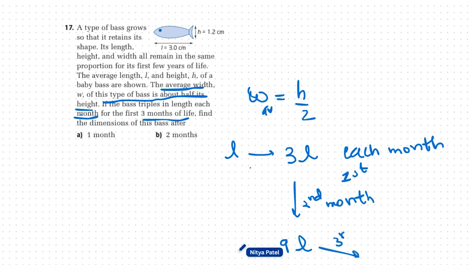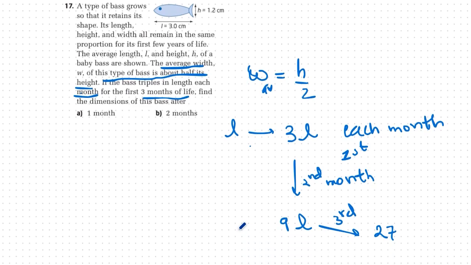And then the third would be 27, times 3. It triples. Oh, so we doubled the length. Okay, we tripled the length. Triple the length for every month. And the width for the first month would be 3 divided by 2, 1.5 centimeters.